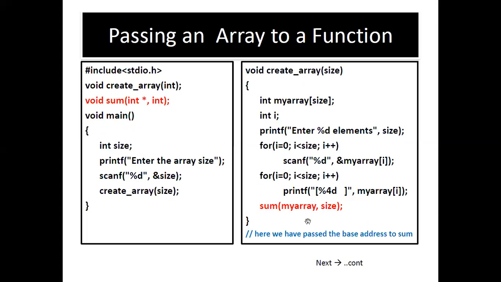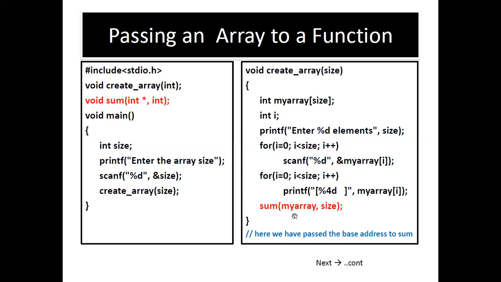Now, what is the understanding here? Basically, I am passing an array along with its size. In earlier cases, the passing was only an integer. If you see, in case of create array, you are just passing the size. In case of the second one, that means when create array is the calling function and sum is the called function, you are passing two things, the array and the size.